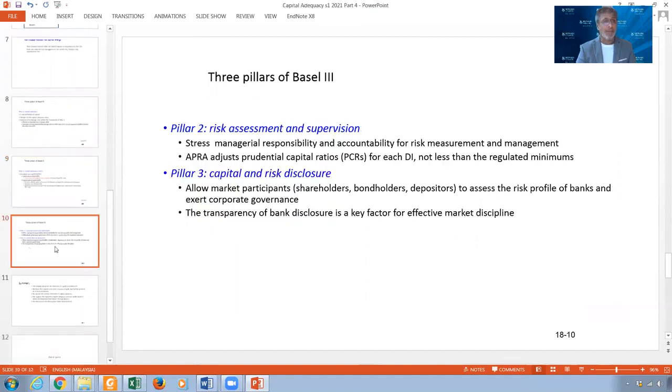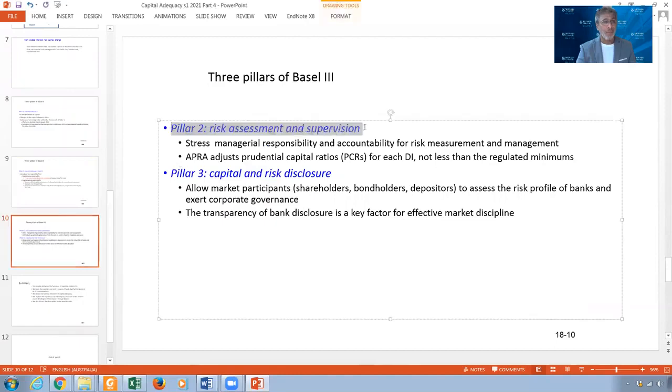or the financial system. Now, maybe we didn't talk a lot about risks in Pillar 2, and this is all you need to know about Pillar 2. Pillar 2 stresses the managerial responsibility and accountability of risk measurement and management. APRA, which is the Australian regulator, adjusts prudential capital ratios for each depository institution, not less than the regulated minimums. So they can do that.